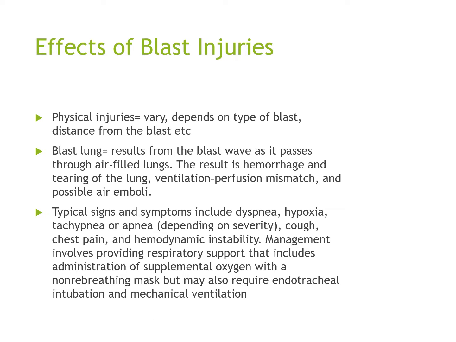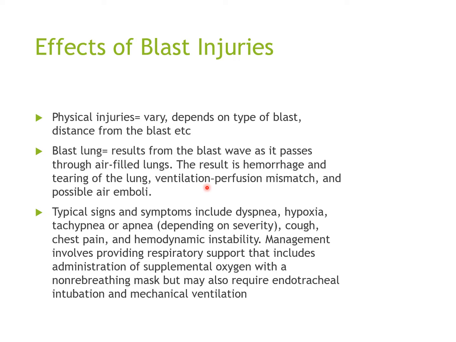If somebody has suffered a blast injury, they are going to have very particular manifestations. So we just describe some of these for you. The physical injuries will vary depending on the type of blast and how close the patient was to the blast itself. One thing that we talk about is blast lung, and apparently this results from the blast wave as it passes through the air-filled lungs, and you end up with hemorrhage and tearing of the lung.